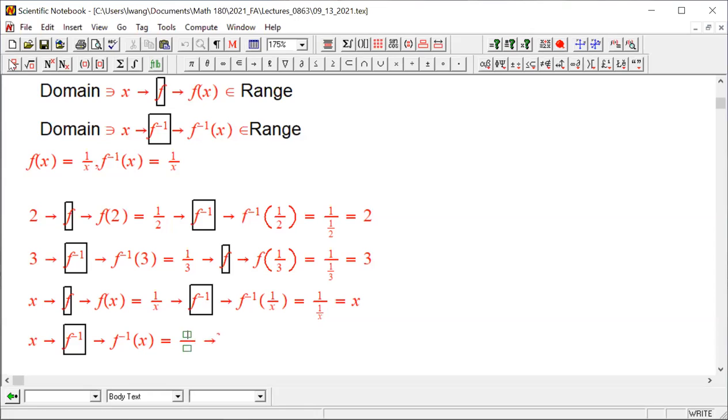My output is 1 over x. And then I'm going to take this output and serve it as the input for F, and it produces F of 1 over x. And once again, it's the same drill.